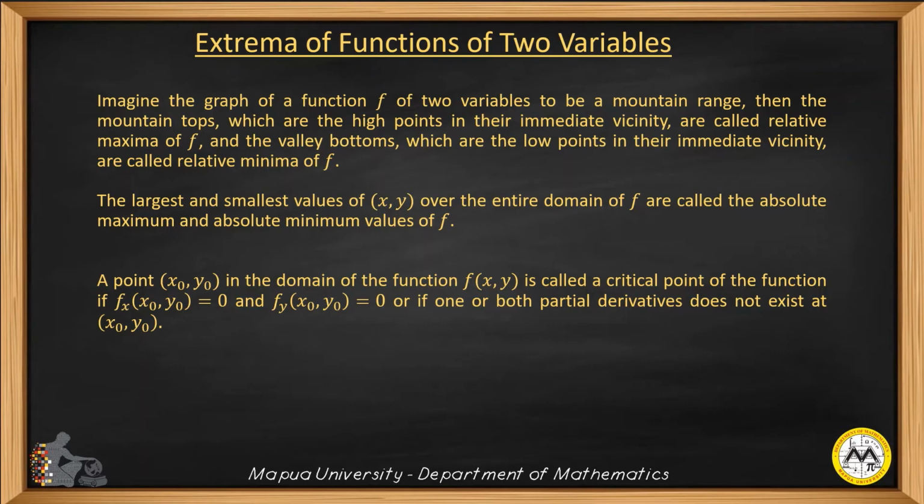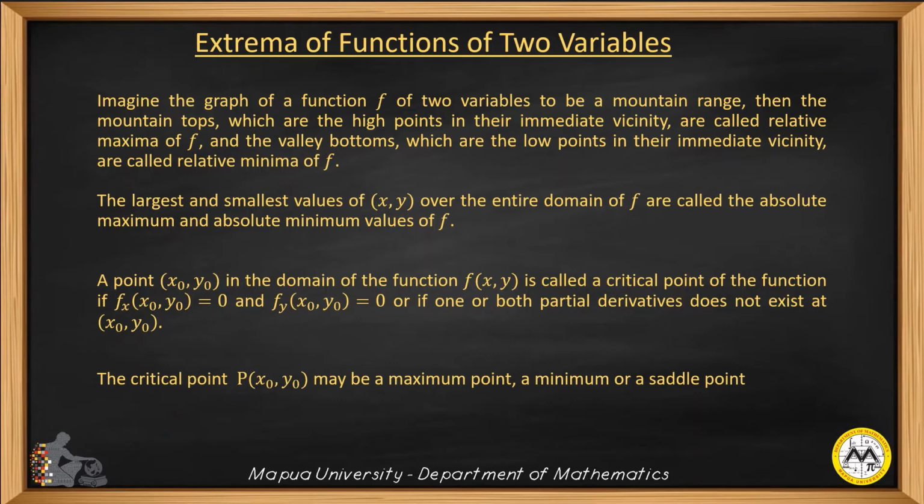Or we have the case where one or both of these partial derivatives does not exist at x0, y0. Then the critical point P (x0, y0) may be a maximum point, a minimum point, or a saddle point.